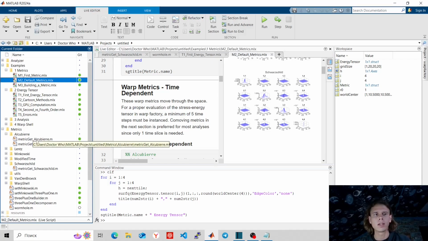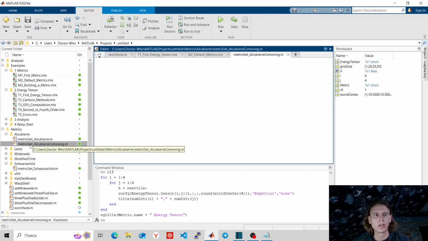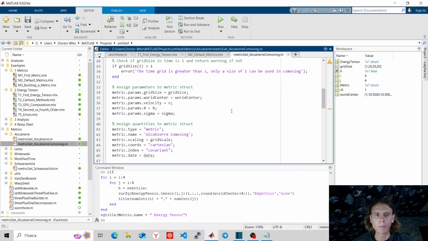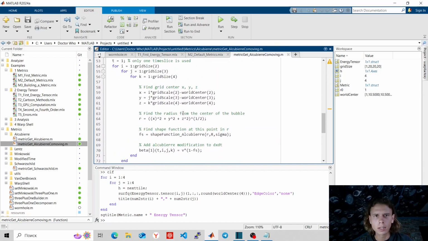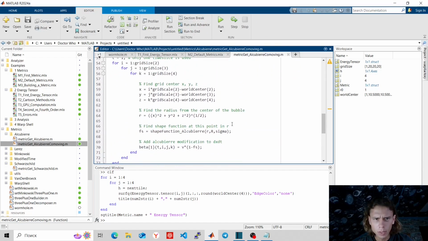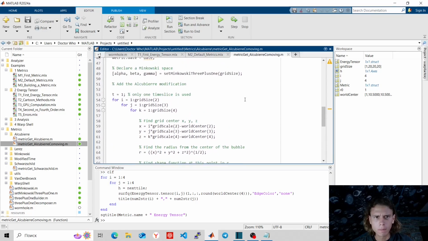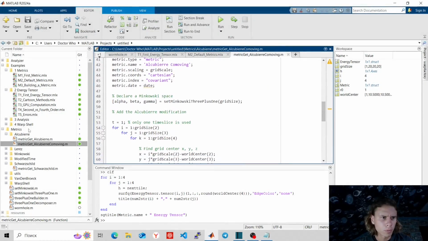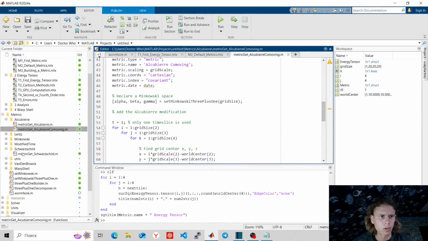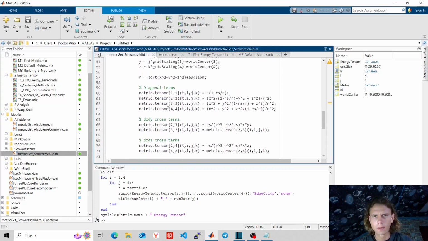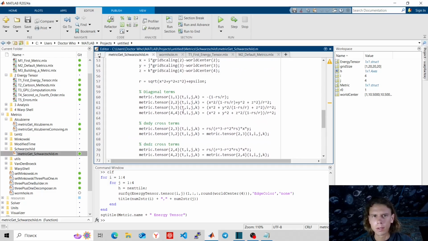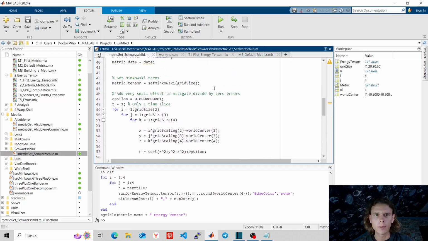For example, this is the Alcubierre metric, and this is the Natario metric with only one time component for initialization. And here you can see again components, and this is the shape function. It's more clear for the Schwarzschild example. So you can play with these components and see what will happen.